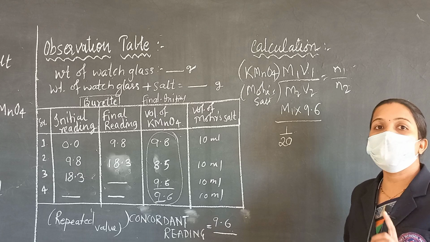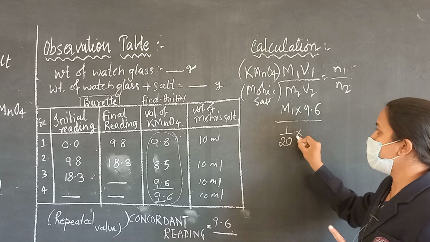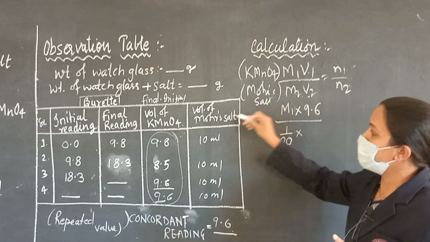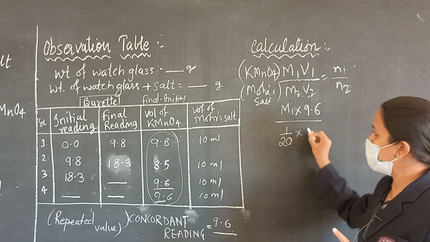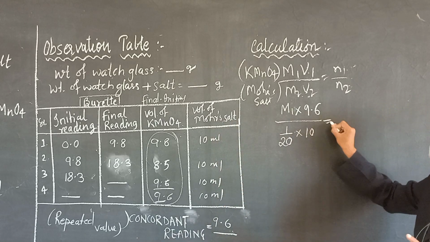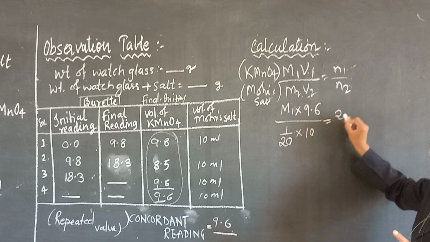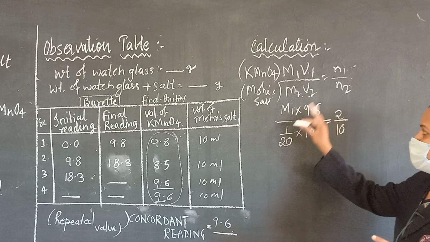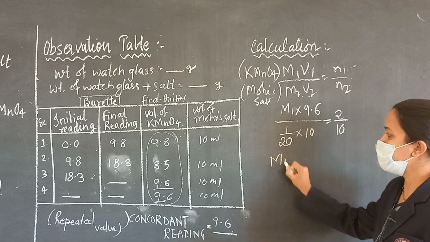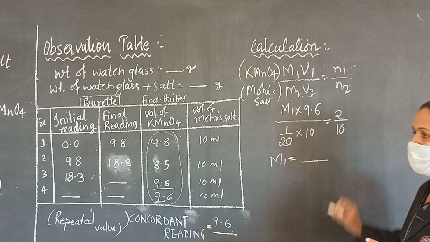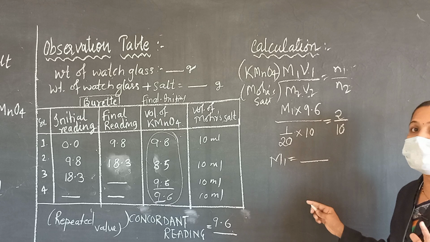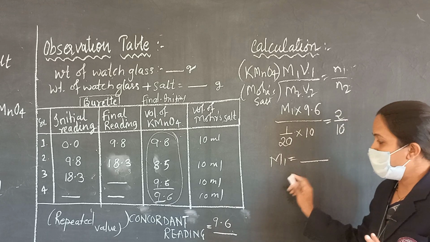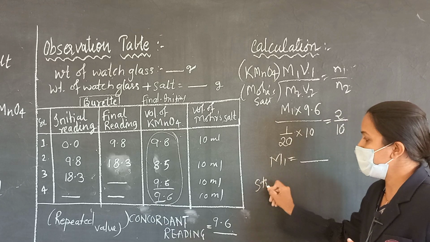Whatever molarity you get, you can write it in your formula while doing the calculation. And students, Mohr salt every time we have used as 10 ml, so we will write 10. And 2/10 is the number of moles of KMnO4 reacting with Mohr salt. Then let's calculate the value of M1. This value will be the molarity of KMnO4.